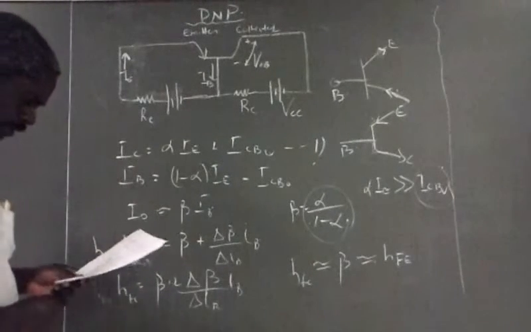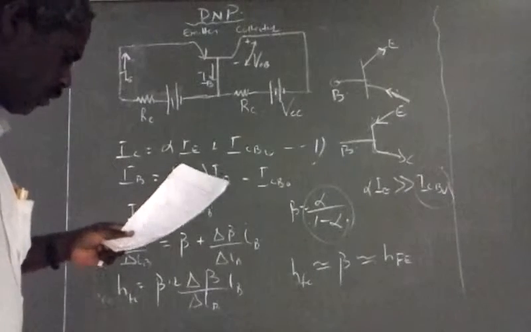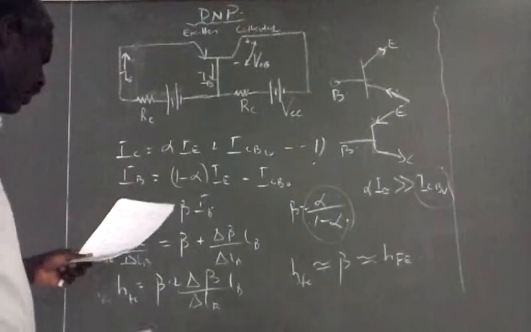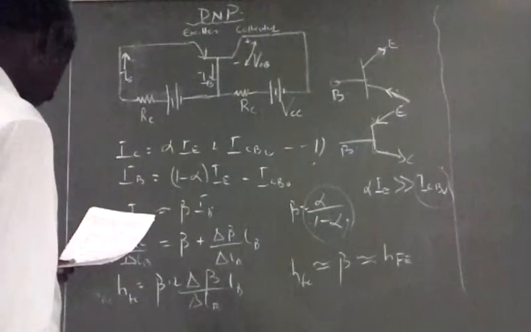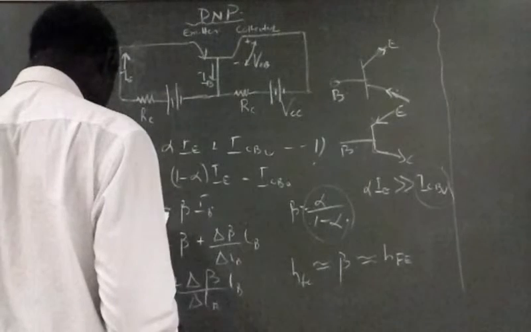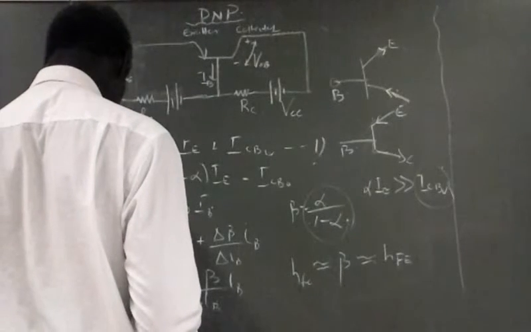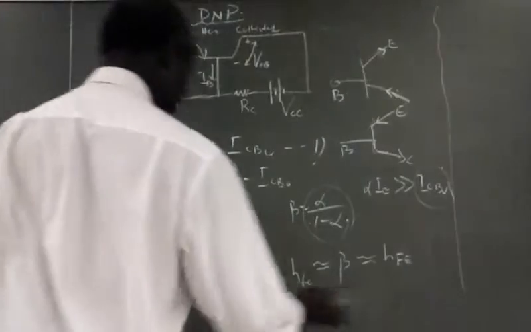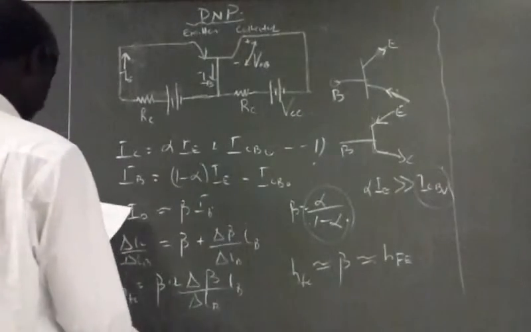All right, let's draw the common emitter large and small signal circuit for the PNP. And we show HFE is approximately equal to beta, and beta is equal to alpha over 1 minus alpha.